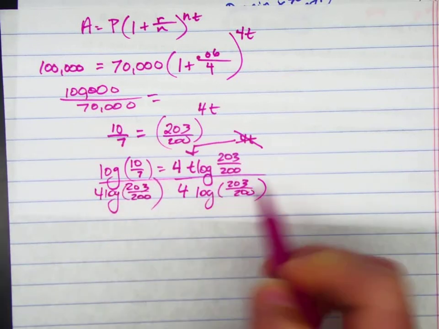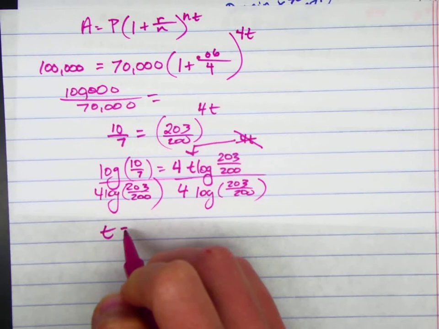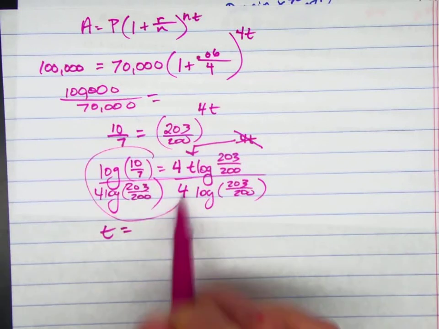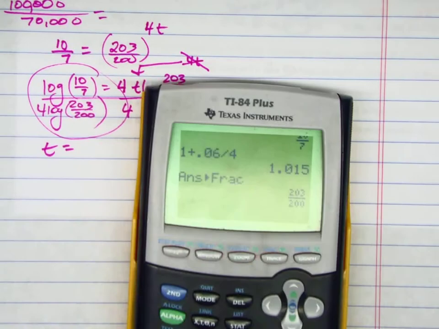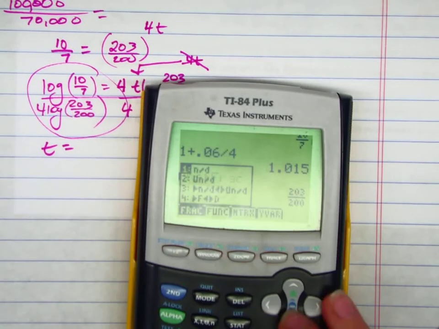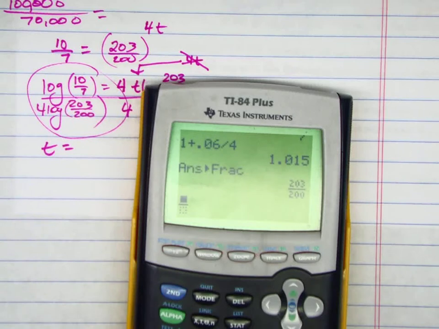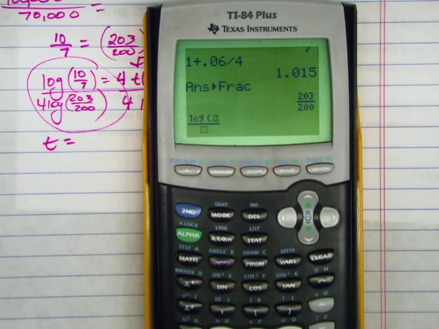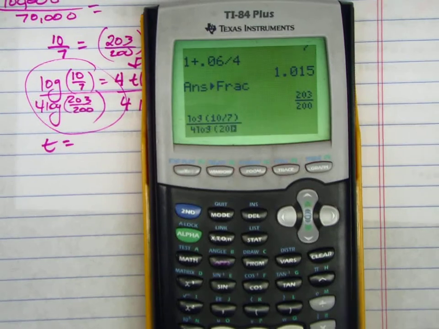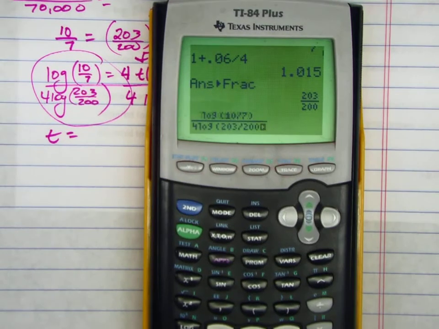All right, and then we've got to type this big guy in. So then t equals, and at this point, I can go ahead and round my final answer. I'm going to use the numerator over denominator feature, and I have log of 10 sevenths over 4 log of 203 divided by 200.